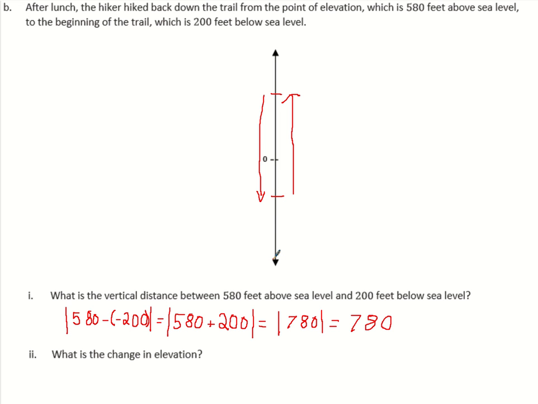So even though the distance remains positive, our change in elevation, we went down 780 feet. So instead of going up 780 feet, our elevation is going down 780 feet.